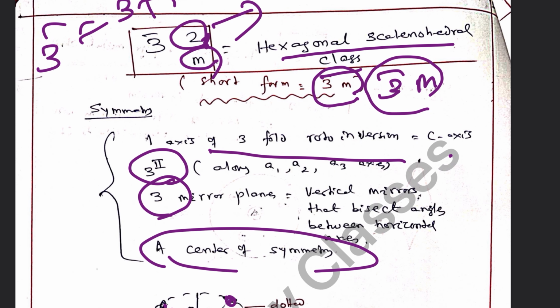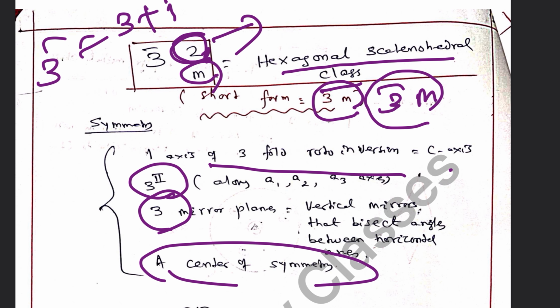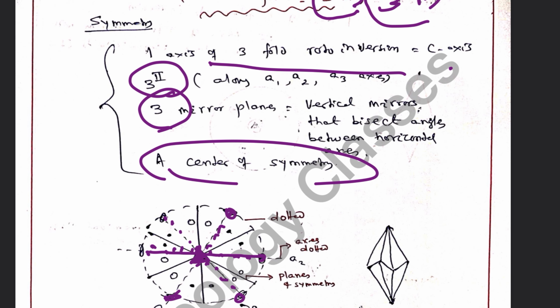So axis of twofold refers to 3 axes of two-fold symmetry parallel to the crystallographic axis, and perpendicular to them we have the 3 mirror planes. So this is the mirror plane perpendicular to this axis, this to this axis, and this is the plane perpendicular to this axis.